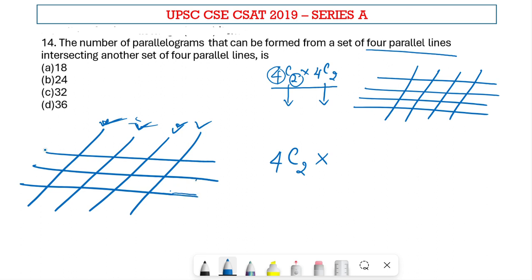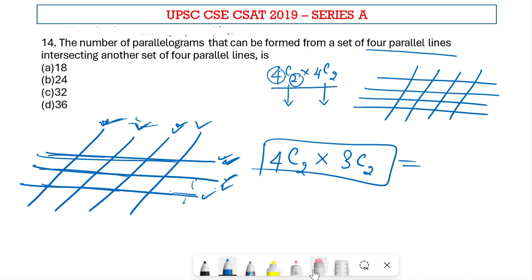I need to choose 2 from these 3. So I'm going to say 3C2, where I can choose any 2. So if I solve this, I'm going to get the number of parallelograms that can be formed with 4 parallel lines intersecting with 3 parallel lines. All right, so this is the main concept. I hope this is clear for you guys.